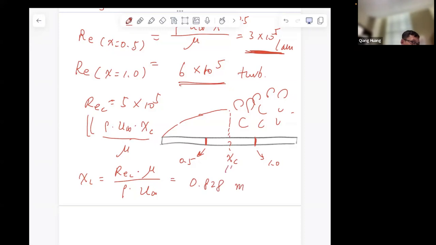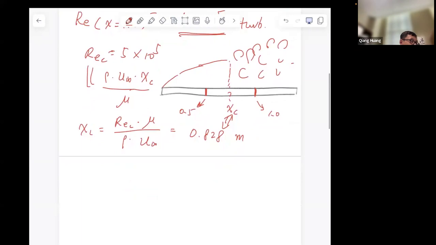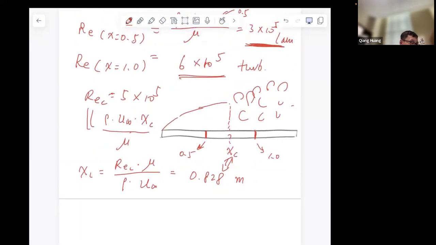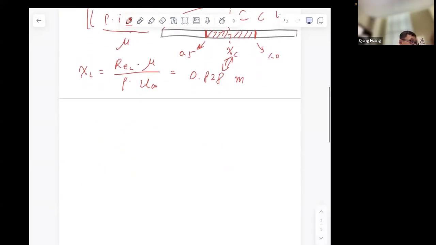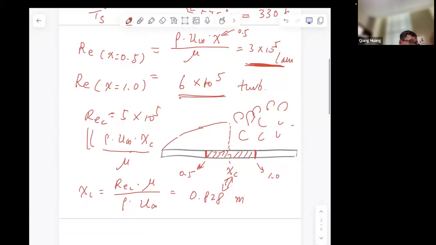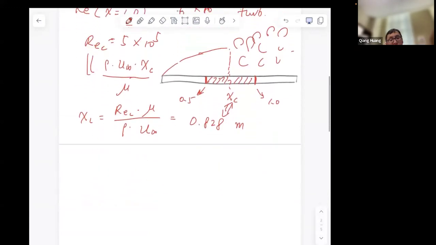So this position now equals this number. And now we know there are two regions on this section that we are interested in. The first is the laminar section, and the second is the turbulent section. So we have to integrate the behavior of the two sections. That's what my solution is doing.